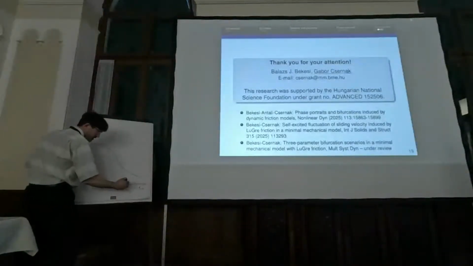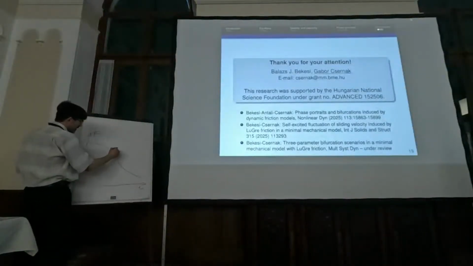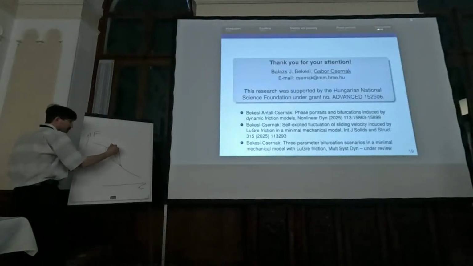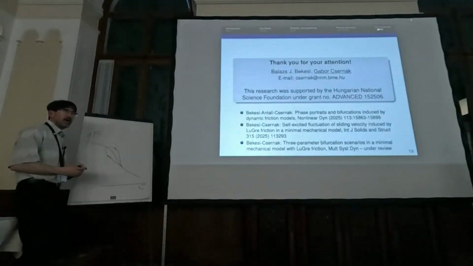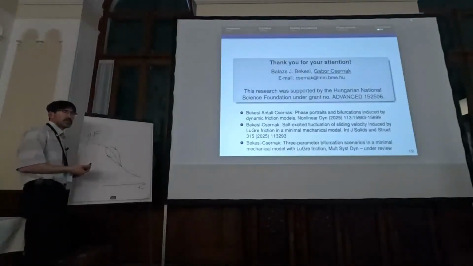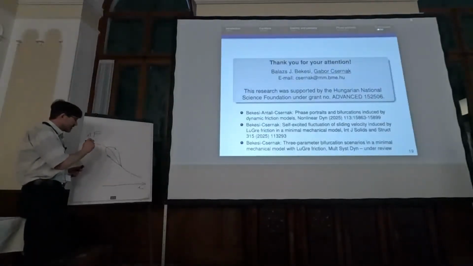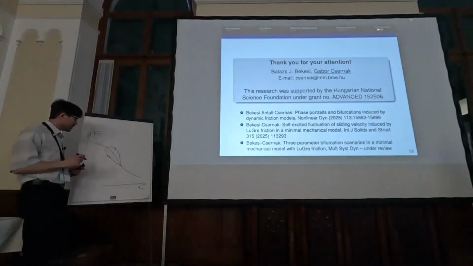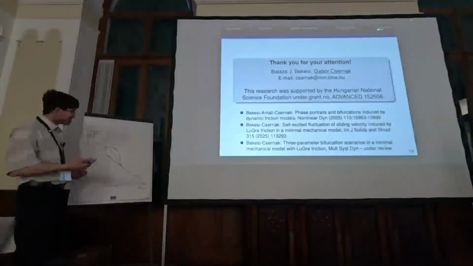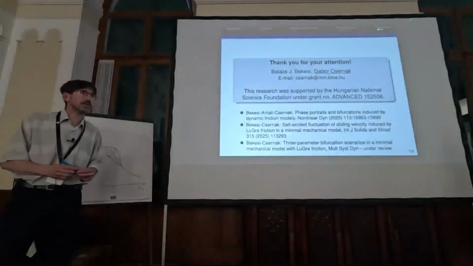And if the velocity is varied, then it was found that the system remains close to the Strebeck characteristic, but it goes around a loop. And this is what the Coulomb friction law doesn't know, but with the Lugano friction model, it can be reproduced numerically.